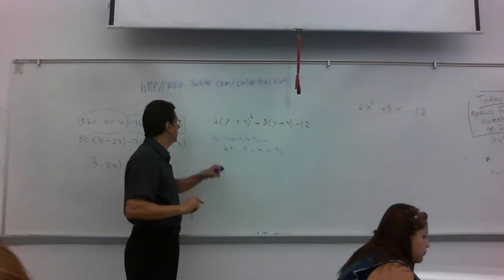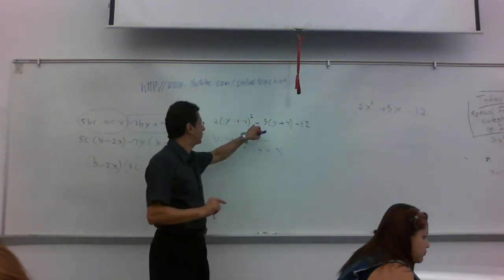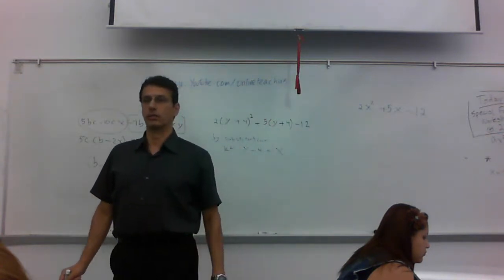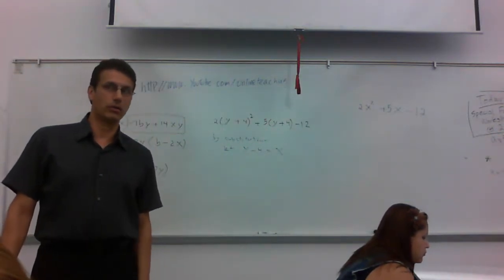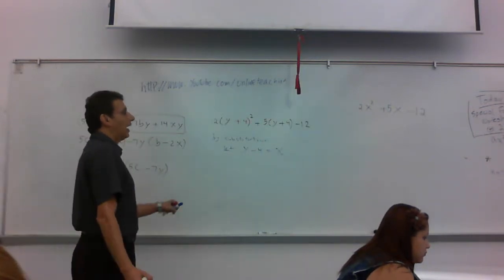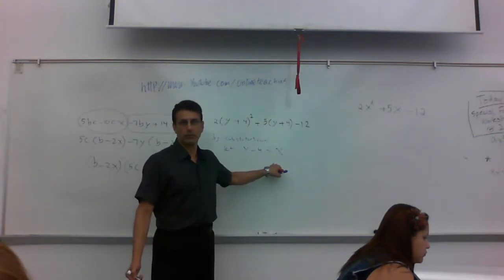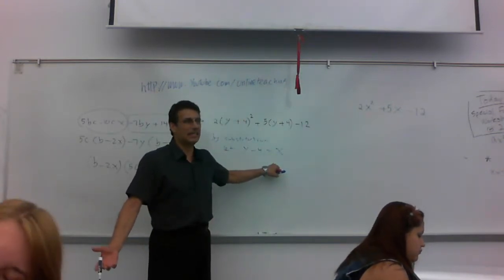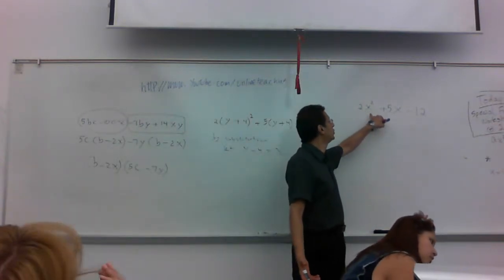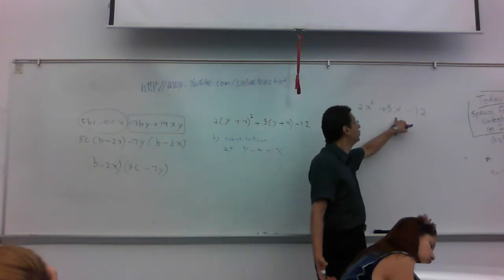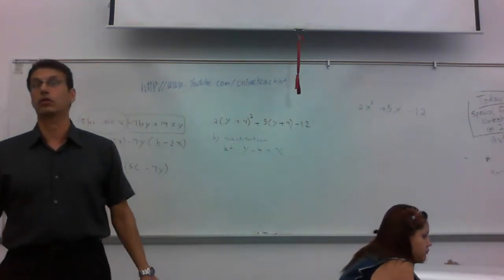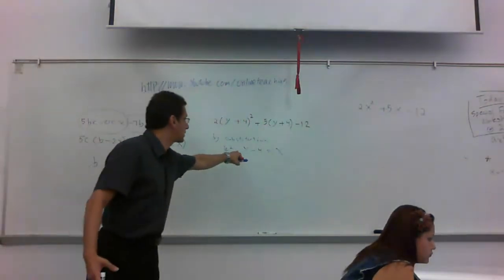In this case, it's x. So 2x squared plus 5x minus 12, which is a constant. Do you see? Is everybody okay with the way we did the substitution? If I had chosen a different variable, let's say z, let's say m, let's say u, then it will be 2u squared plus 5u minus 12. Okay, whatever the choice of variable is. Just make sure not to use the same variable that you have here.